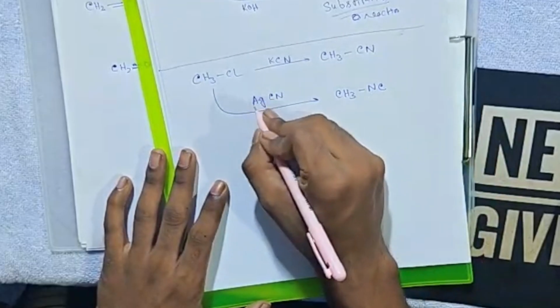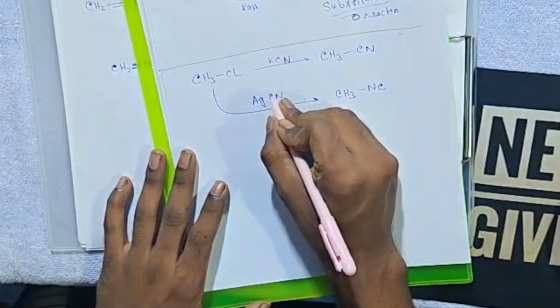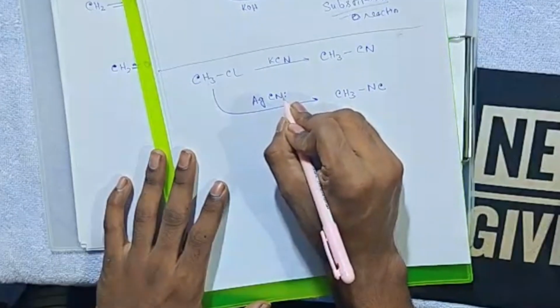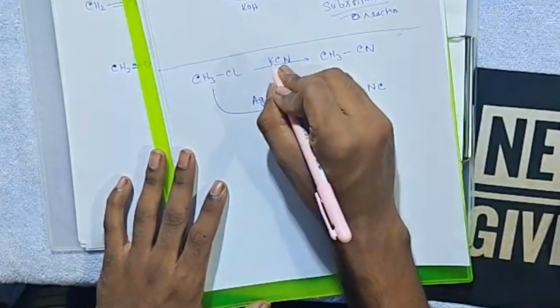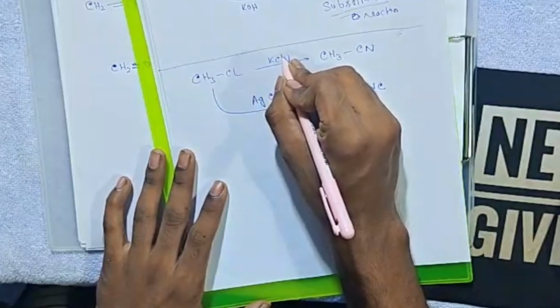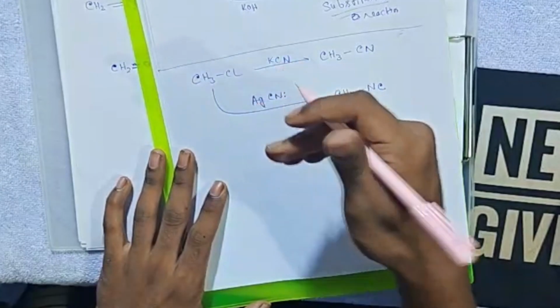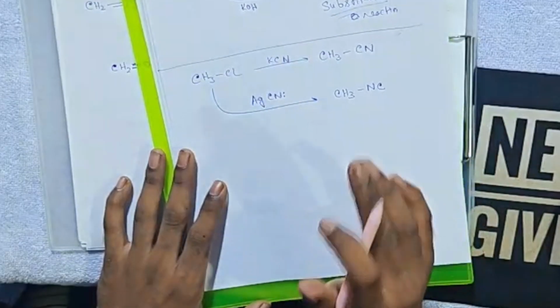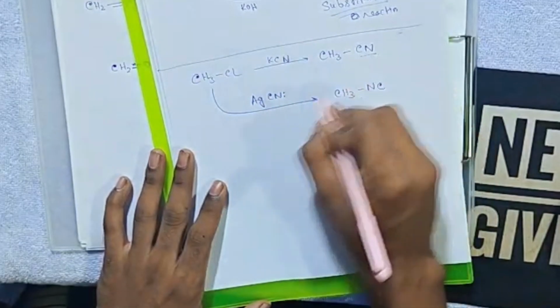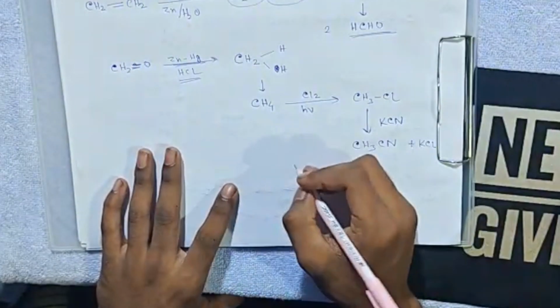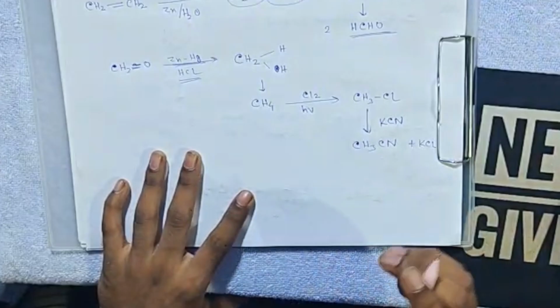Because if AgCN is there, then it attacks through the lone pair of this N. But when KCN is there, K is easy to remove. That time this CN will attach by the negative charge on the carbon. So just remember that when KCN is there, CN is attached. When AgCN is there, NC is attached. But in our reaction, KCN was there, so CH3CN is formed.